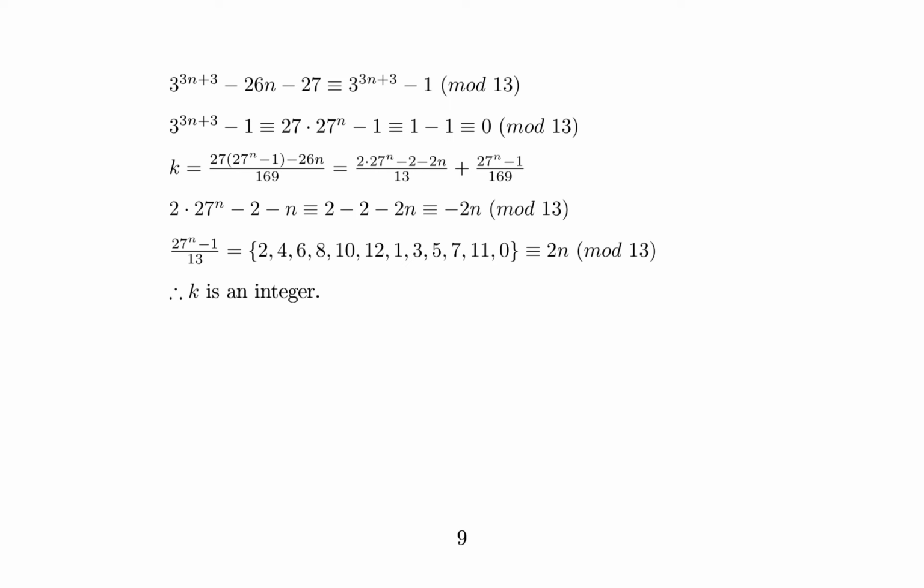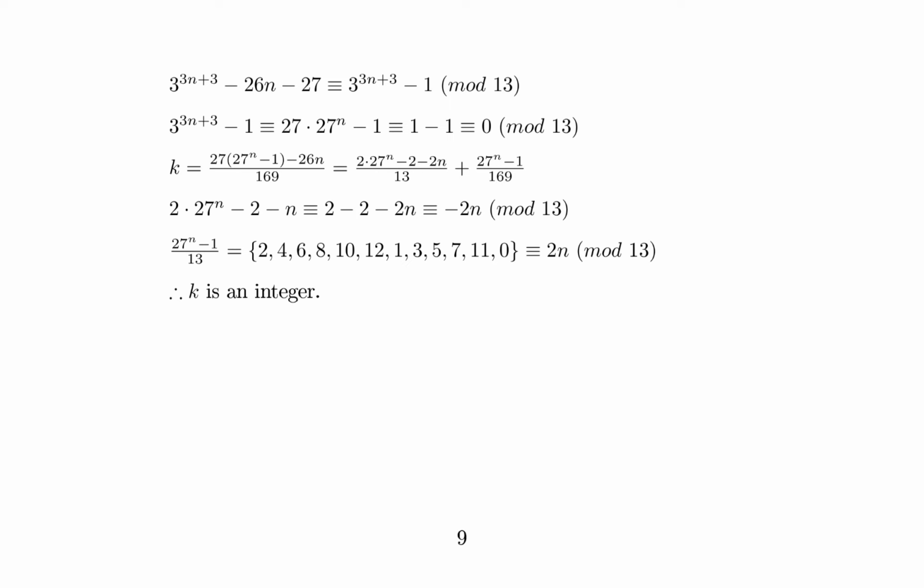Now, to see if it's divisible by 169 or not, we can write it as a two-section fraction. That is, as you can see here in the third line, 2 times 27 to the power of n minus 2 minus 2n over 13, plus 27 to the power of n minus 1 over 169.